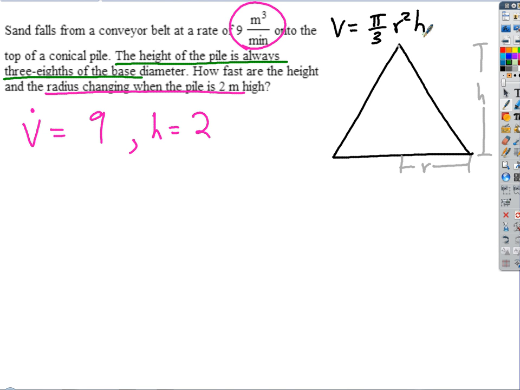That'd be helpful. Here it is. If we know the height of the pile is always 3/8 of the base diameter, isn't that just saying h equals 3/8 times the diameter, which is really 2r? Does that make sense? And so I can solve then for h in terms of r, or vice versa. It doesn't matter. I can isolate either of those variables in terms of the other.